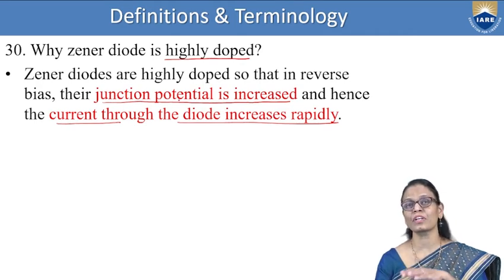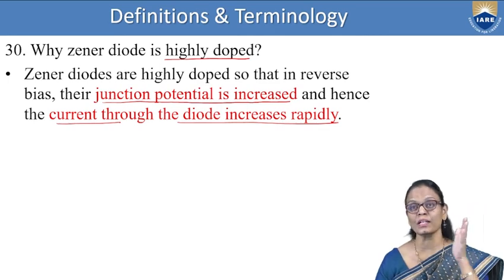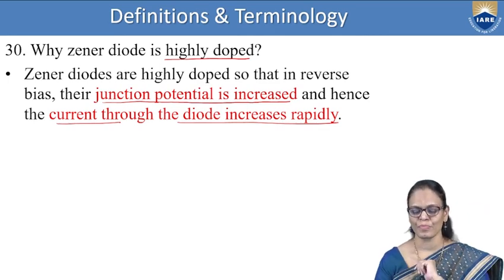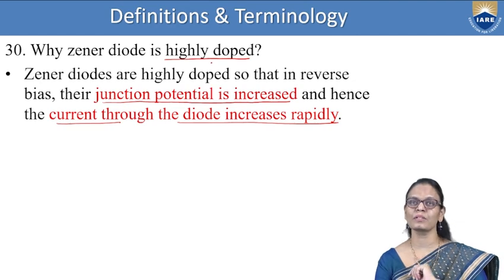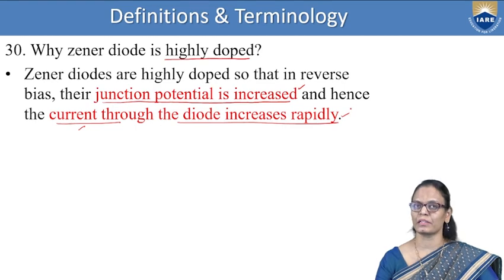Potential is nothing but the difference between a very higher level and a very lower level, so there is rapid movement of current. That is why we dope it very highly. By doping it high, the junction potential is increased, and this in turn helps the current pass through it very rapidly.